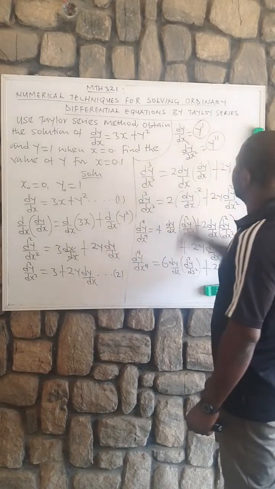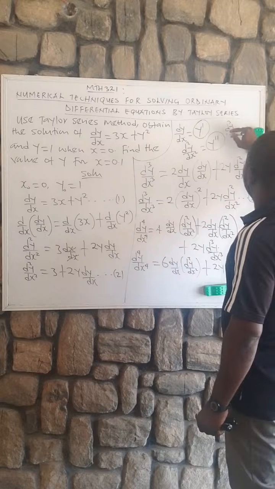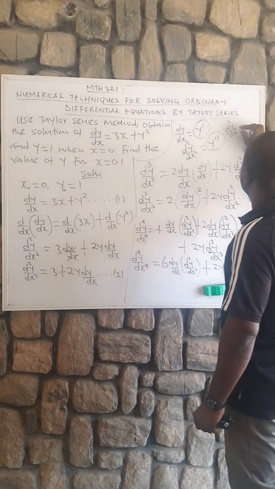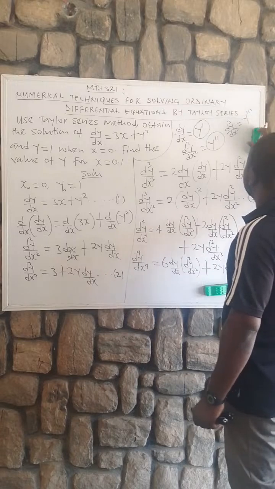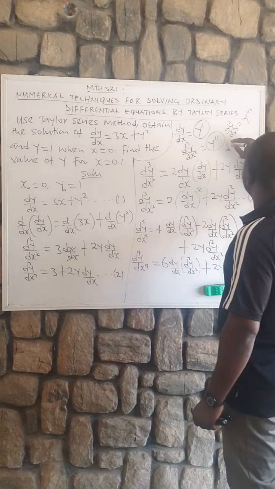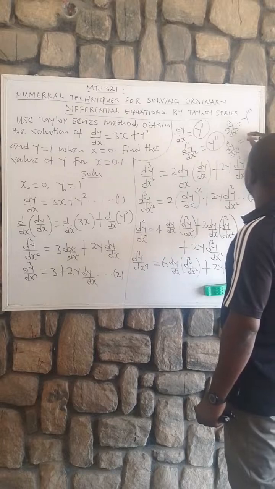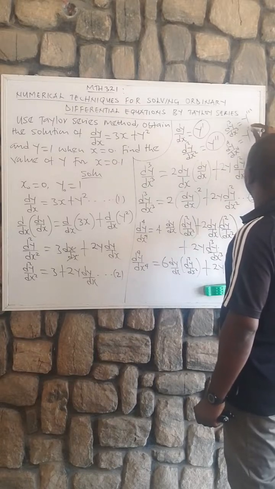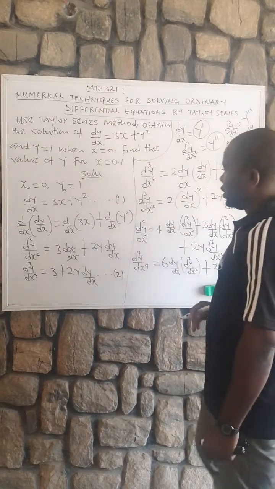If we have d cubed y over dx cubed, this is the same thing as y triple prime, right? Then d to the power 4 y over dx to the power of 4 is the same thing as y IV. True or false? You should take note of all this.